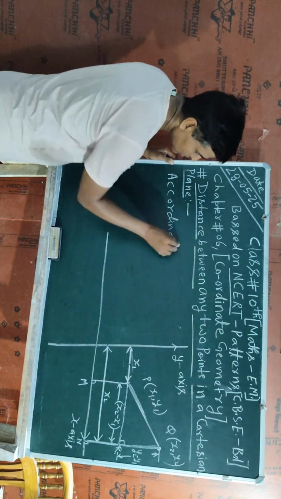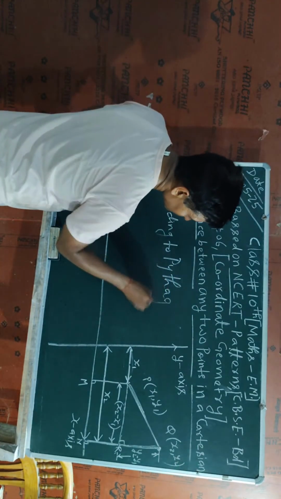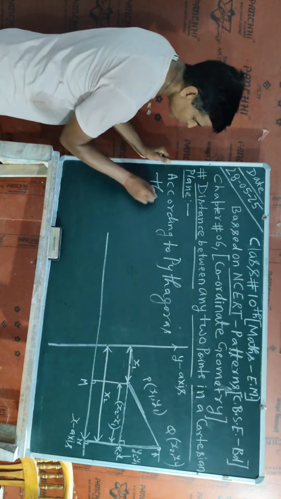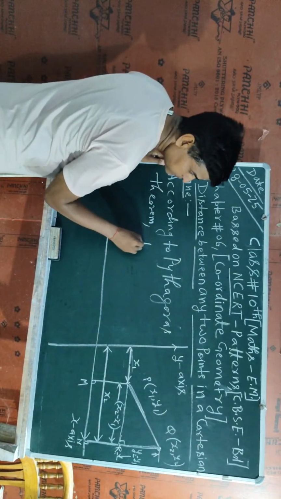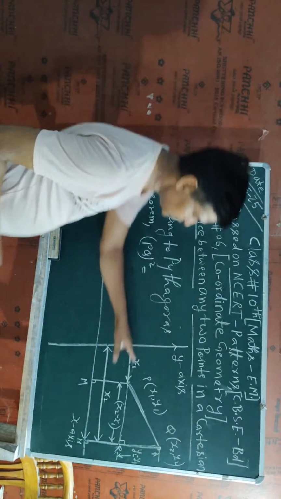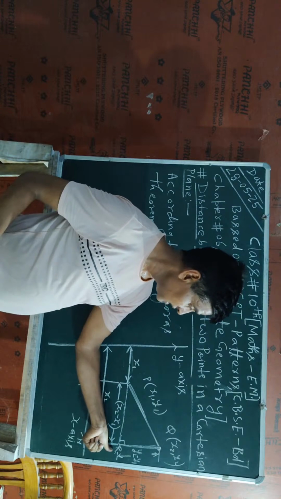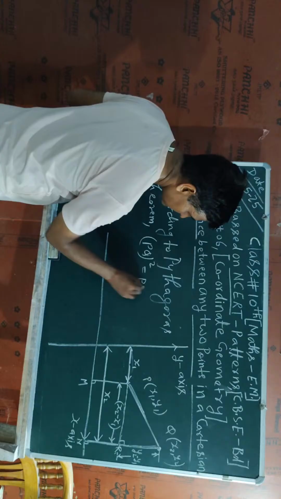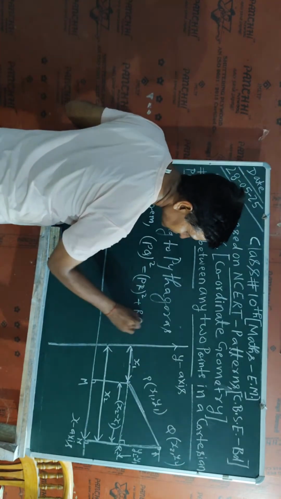According to Pythagoras theorem, I will write here PQ whole square is equal to PR whole square plus RQ whole square.